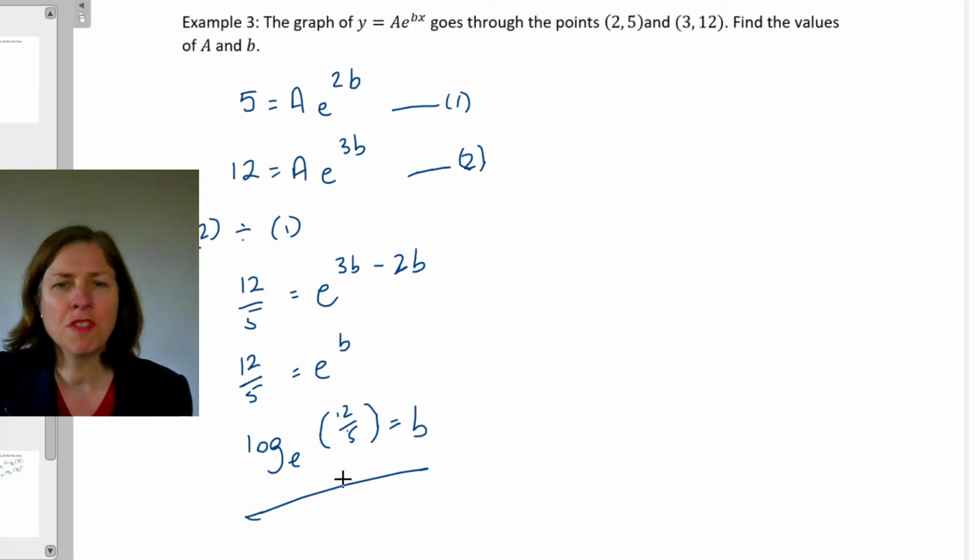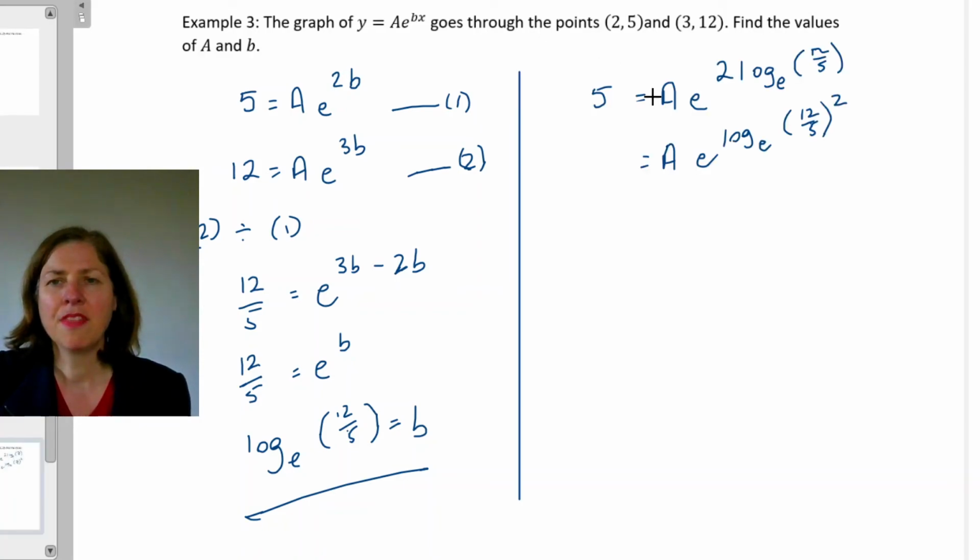I substitute that back into equation 1. And that gives me 5 equals a times e to the power of 2 times log base e of 12 fifths. I'm going to rewrite that by taking this 2 here, and I just take that and I make it a power of the argument, which is one of my log laws.